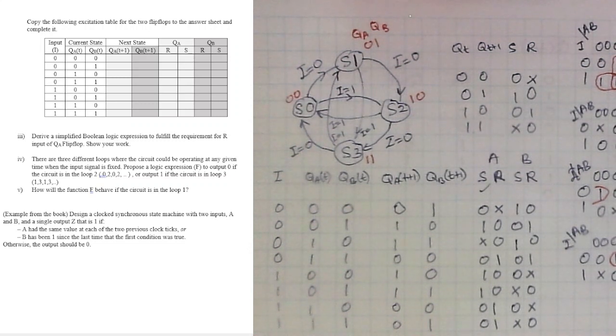It is being asked that we derive the equation for the R input of the QA flip-flop, but now we have derived all four inputs, and there are three different loops where the circuit could be operating at any given time. So let's see how to do that now.